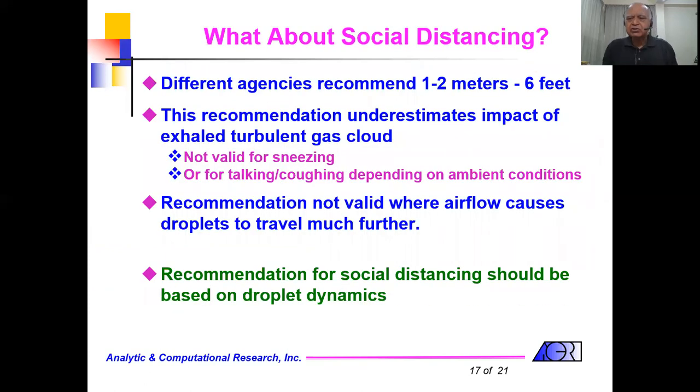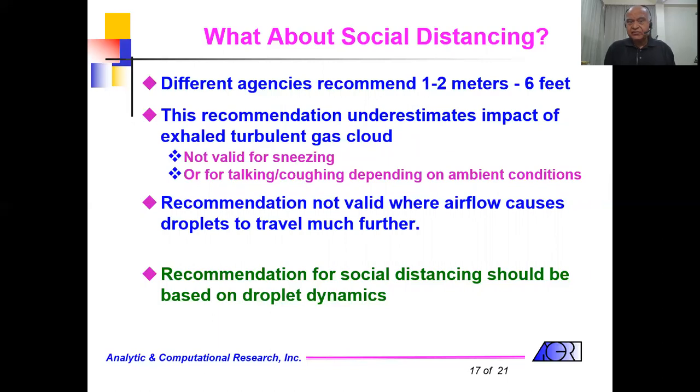So what about so-called social distancing? Different agencies recommend 1 to 2 meters, 6 feet. We can see from the work presented that this recommendation underestimates the impact of the exhaled turbulent gas cloud at high speed. So definitely this social distancing is not valid for sneezing.